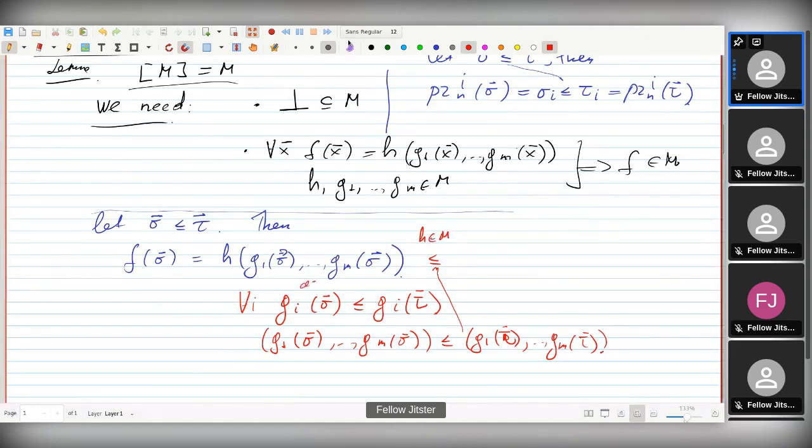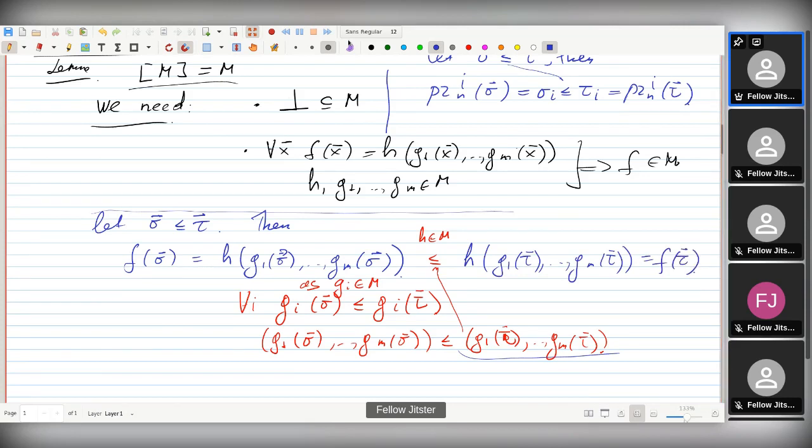here we, of course, had a reference to the fact that every Gi is monotonic. As H is monotonic, here we will have H of this greater tuple, which is f of tau.